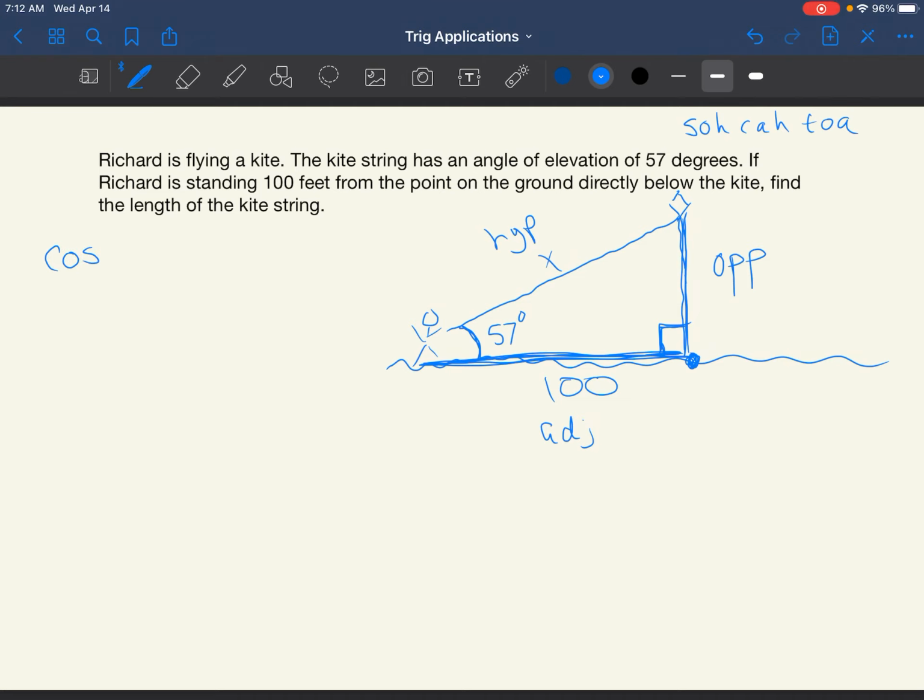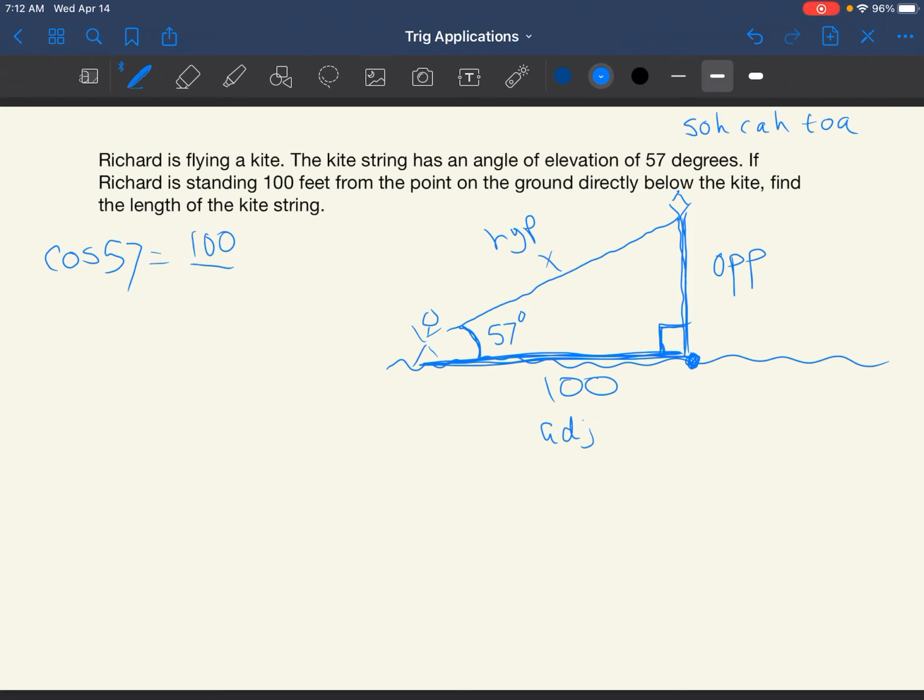Cosine, always following cosine, is our angle, which in this case is 57 degrees. So cosine 57 equals, and remember cosine equals adjacent, the A, and our adjacent is 100.